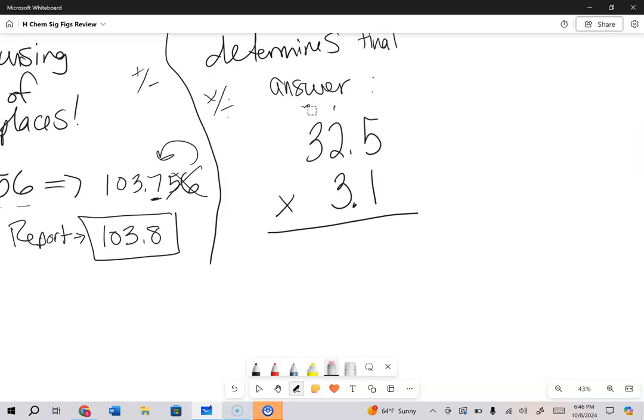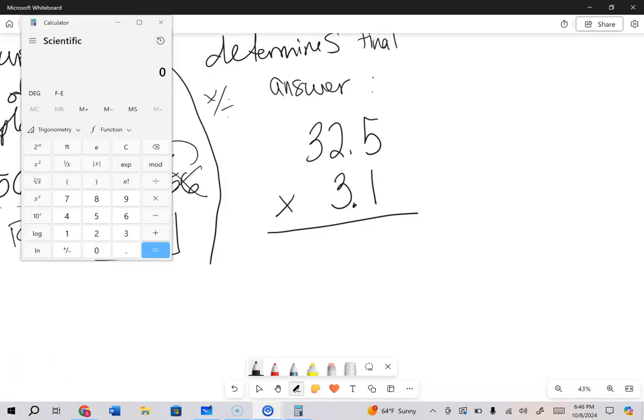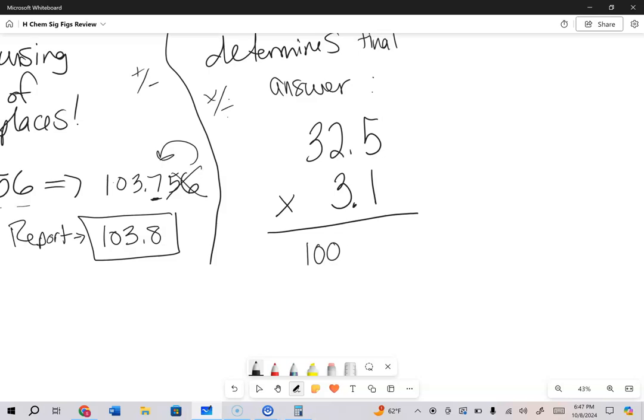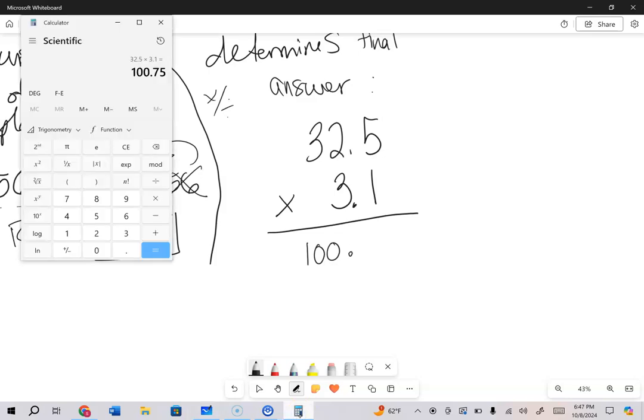Tried to do this on my own. This is why you should always have a calculator handy. Doing the actual math, I get an answer of 100.75.